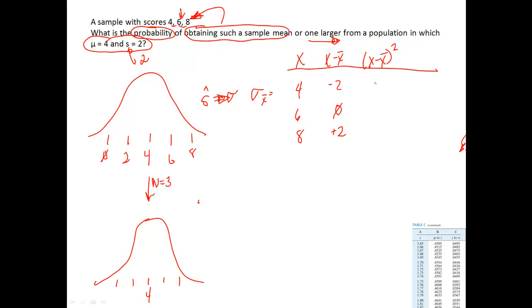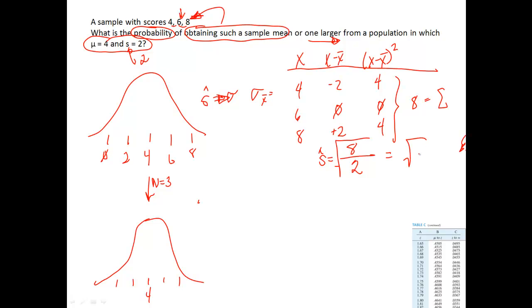I've gotten pretty good at this. Negative 2 quantity squared is 4, 0 squared is 0, and 2 quantity squared is 4. So my sum of squared deviations is 8. To calculate S hat, I take that sum of squared deviations, 8, divided by n minus 1. n is 3, so divided by 2.